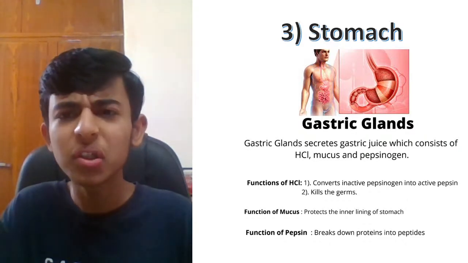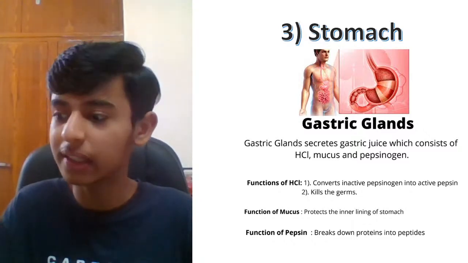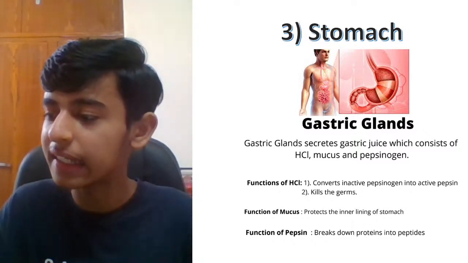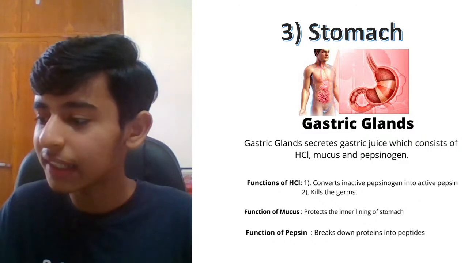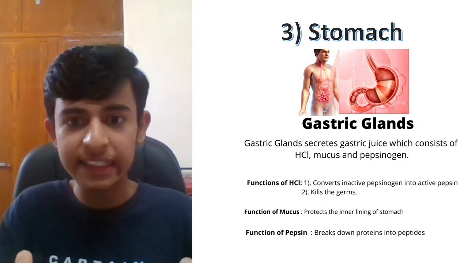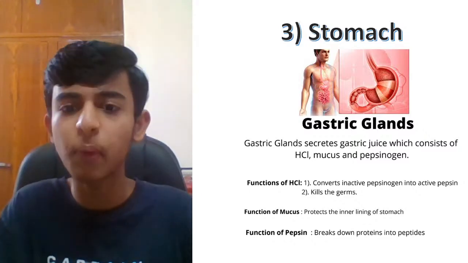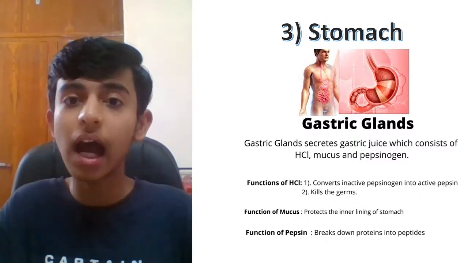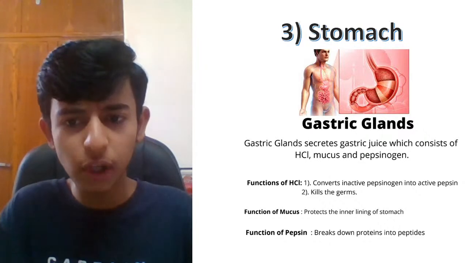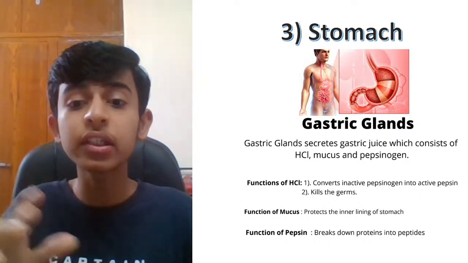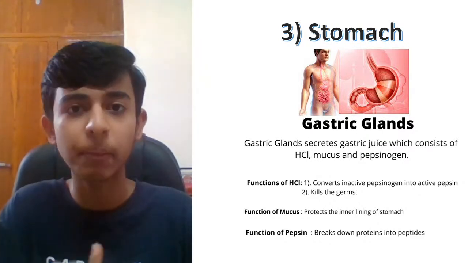But actually you can see it's a little bit lazy. You can imagine it as a very lazy boy. So pepsin is very lazy. Then what happens is that HCl, which is hydrochloric acid, I hope all of you know about HCl. What is the role of HCl? The first thing is that it is going to kill the germs of the stomach.